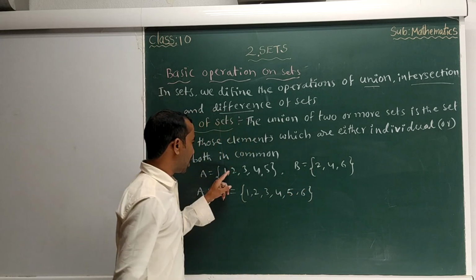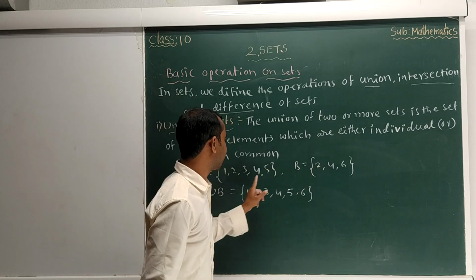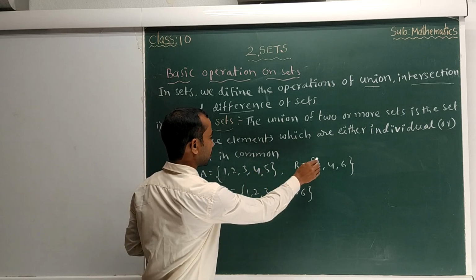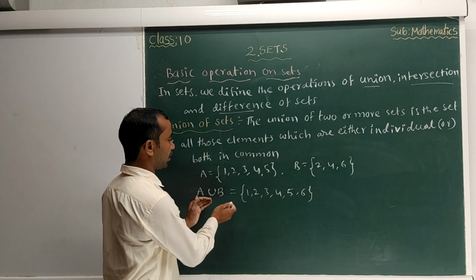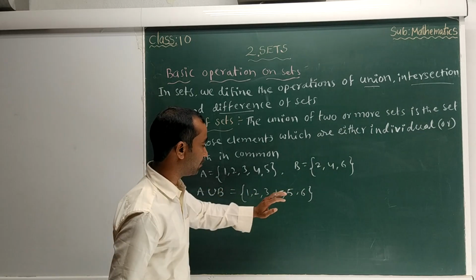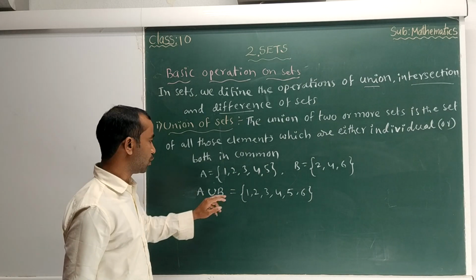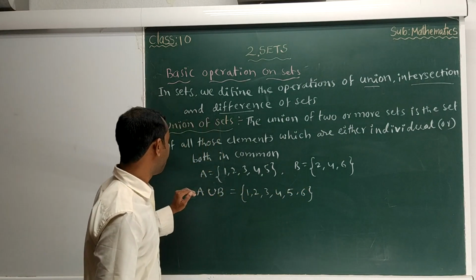Here 1, 3, 5, 6 are individual elements and 2, 4 are common elements. So we write all individual and common elements, and that is called the union of the given two sets.